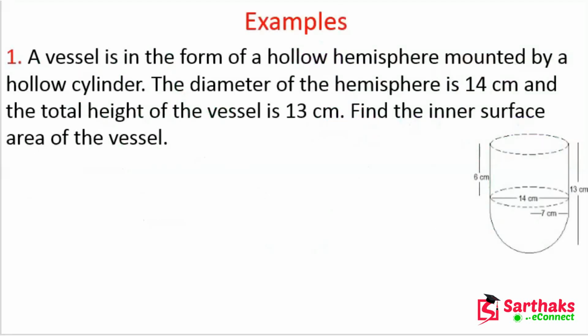Now we are going to solve some problems based on the combination of solids. The first question is: a vessel is in the form of a hollow hemisphere mounted by a hollow cylinder.